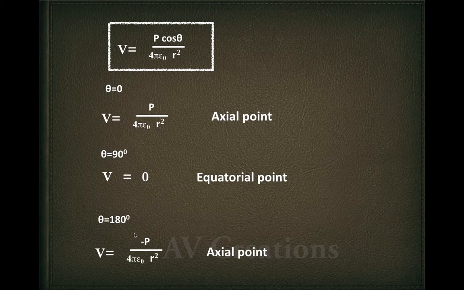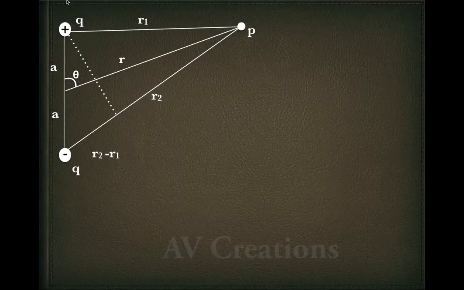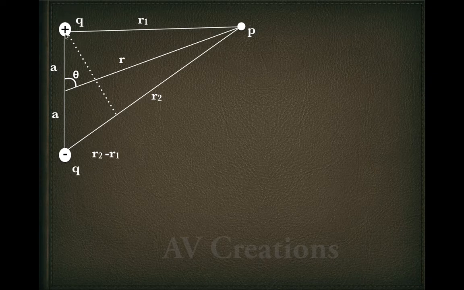If theta equals 180 degrees, it is also an axial point but in the opposite direction, so V is equal to minus p upon 4 pi epsilon 0 R square. Theta equal to 0 means the point will be here, theta equal to 90 means the point will be here, and theta equal to 180 means the point will be here. So these two points are axial points, and this point is the equatorial point.